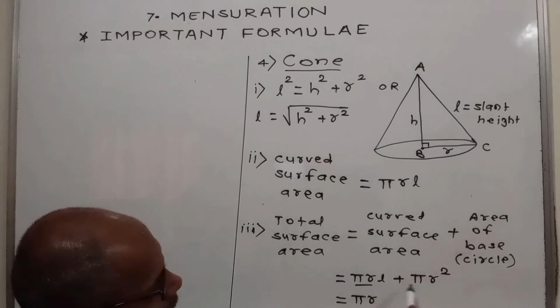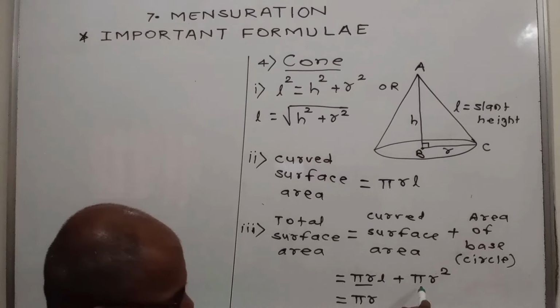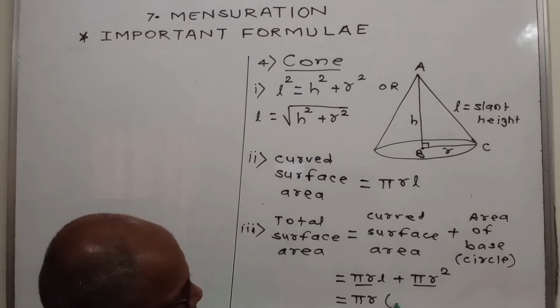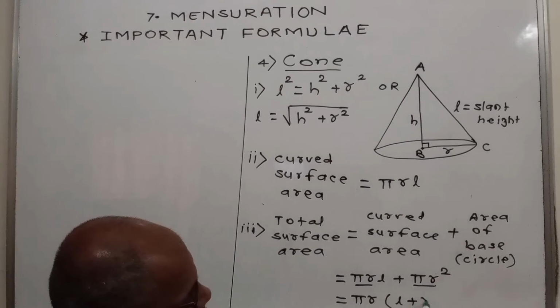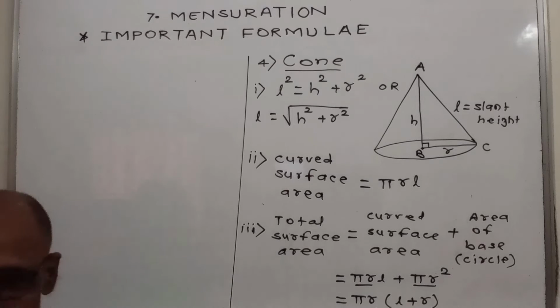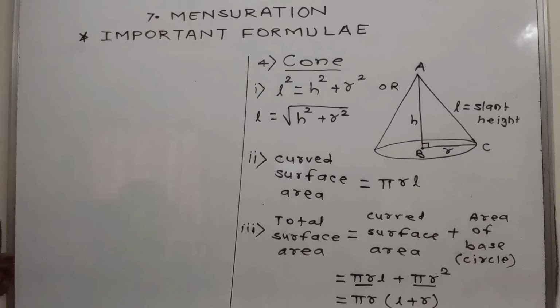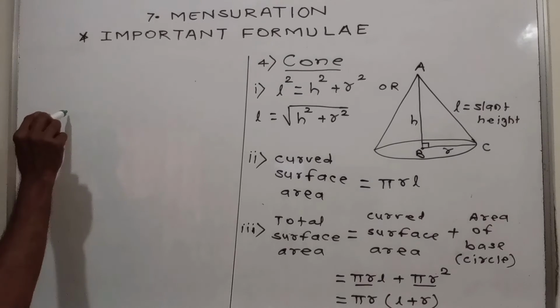See this, here pi r, here also pi r square. So pi r we take common. So remaining here l, and here r. This is the actual formula. Pi r bracket l plus r. Did you get it?